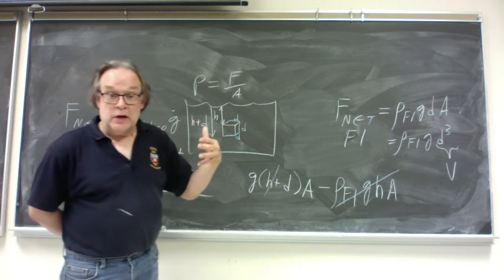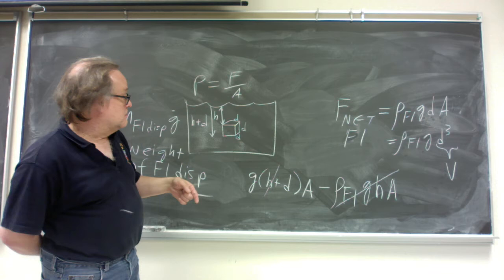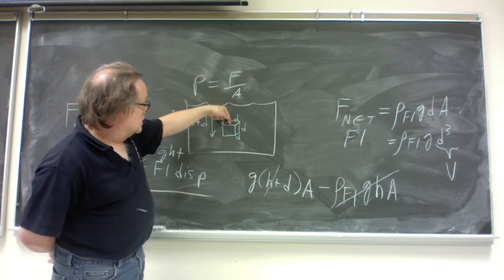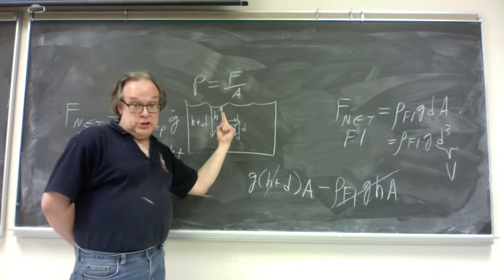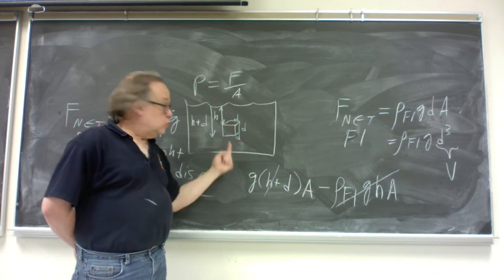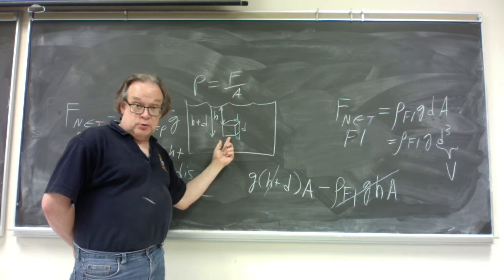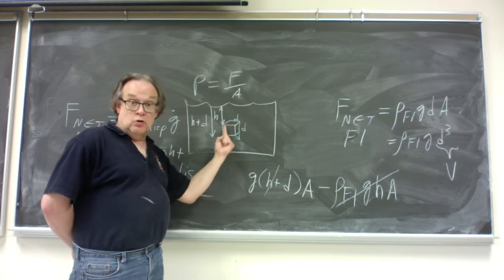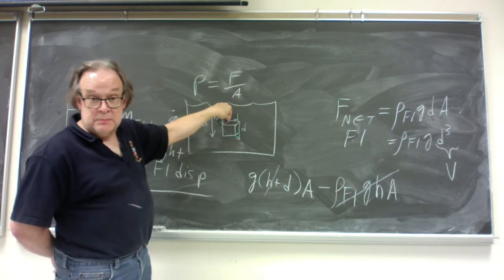Right? We know that force must point up because that force is a combination of downward force on the top of the cube plus upward force on the bottom of the cube. But down here on the bottom, you're at a greater depth, so pressure is greater. And because pressure is greater, you've got a bigger force pushing on the bottom side than you have on the top side.